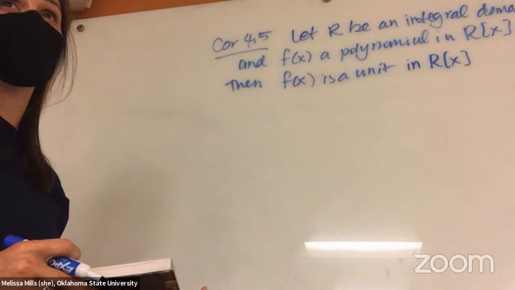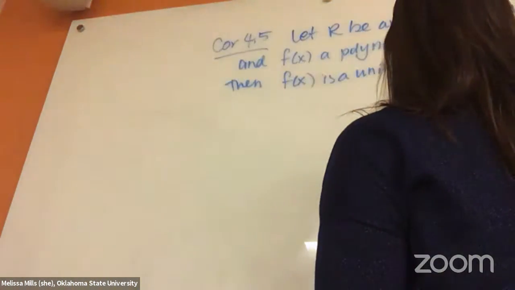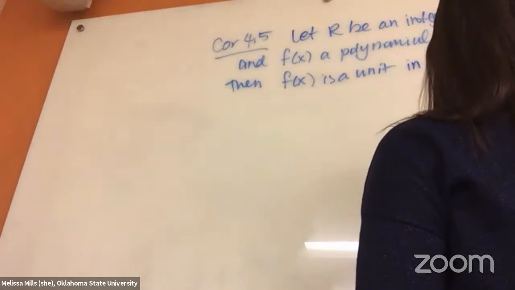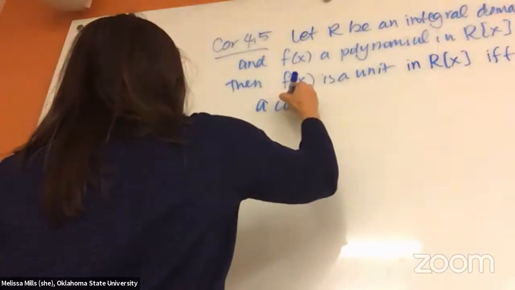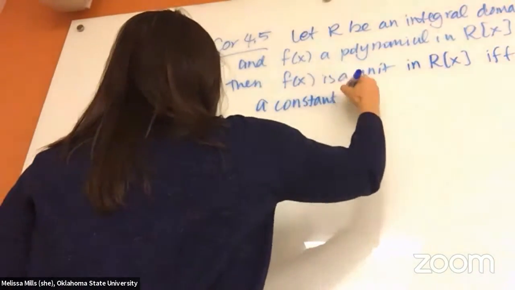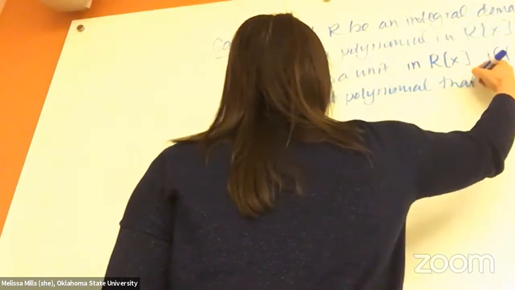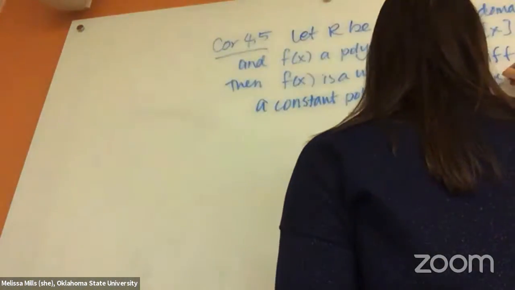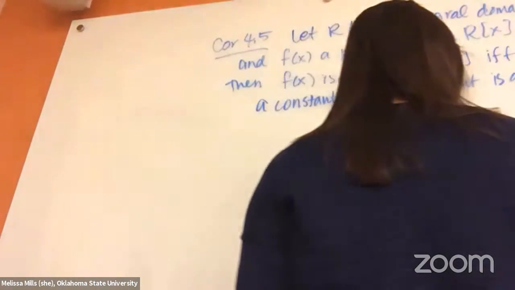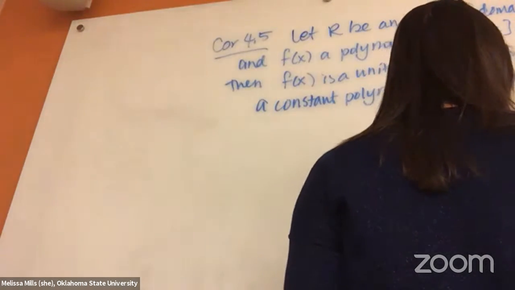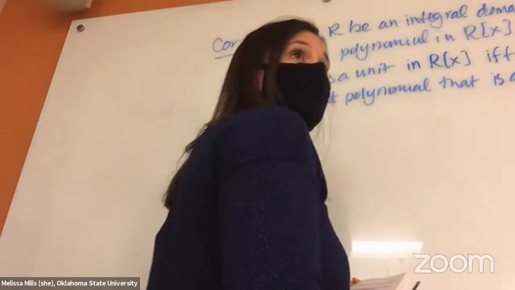Well, I'll write it down and then I think you'll go, oh yeah. So it's if and only if f(x) is a constant polynomial that is a unit in R. So if you remember in Z adjoin x, we were talking about that the units are plus or minus 1, right?